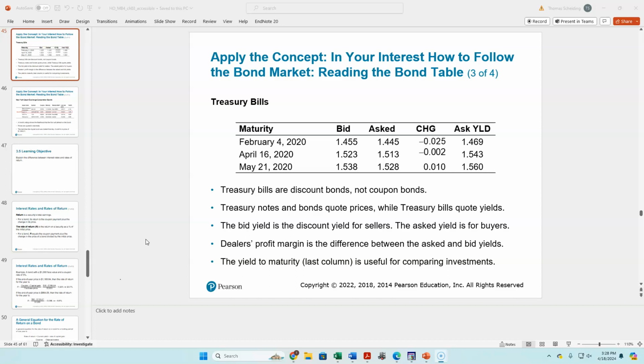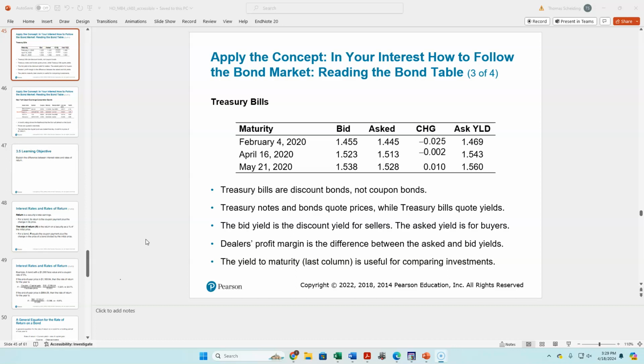So if we're going to read a bond table, we can see again this difference between the bidders, what an individual would be willing to pay if we were to put this out on auction. We can see that at some points in time there's a slight spread between the bid and the ask.